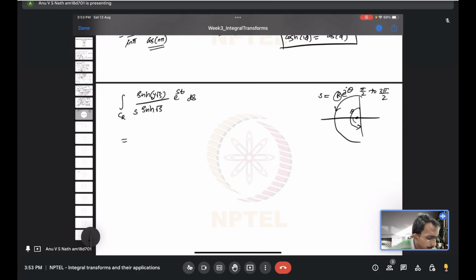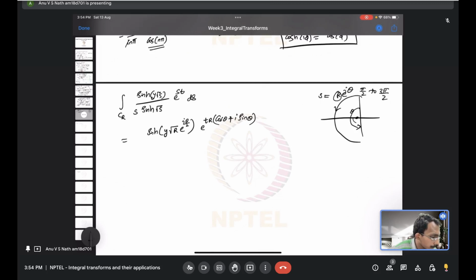So this we can write as sinh(y ...). Now root s will be root r e raised to i theta over 2, and e raised to t into s, which is r e raised to i theta, which I can write as cos theta plus i sin theta.